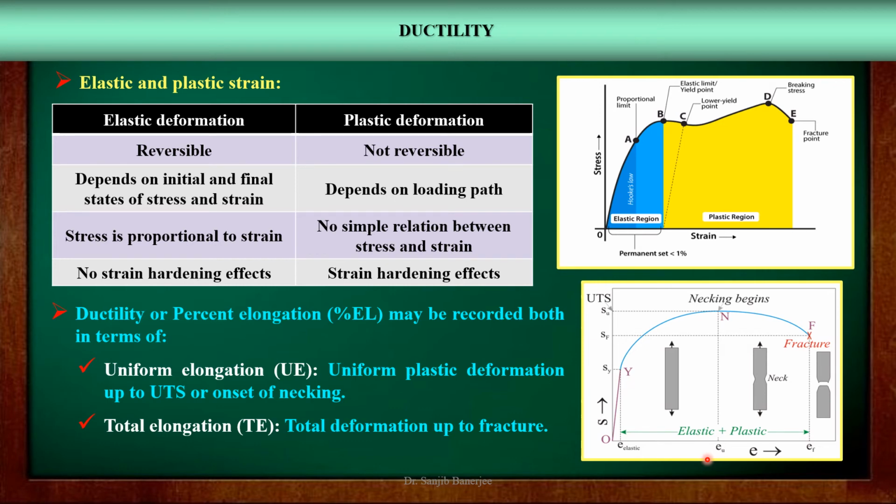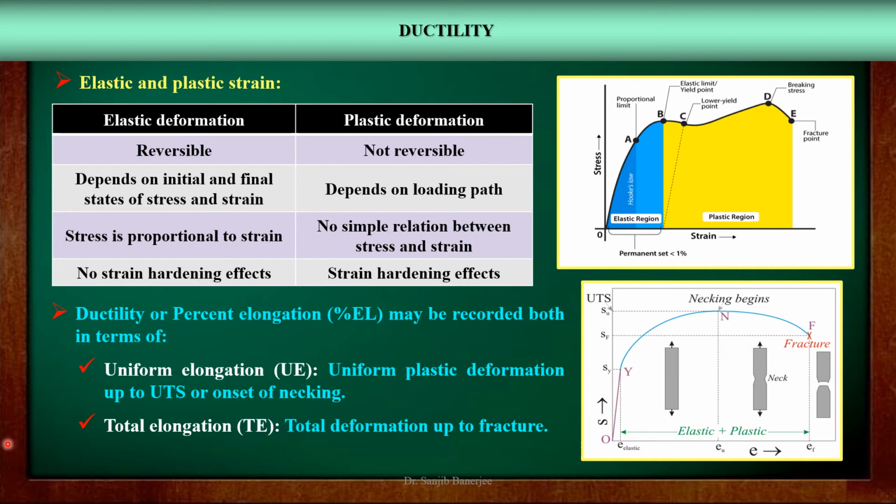The word uniform is used because during this elongation, the tensile specimen will experience a uniform increase in length and uniform reduction in cross-sectional area without any necking or localized reduction in cross-sectional area, which actually happens after the uniform elongation.